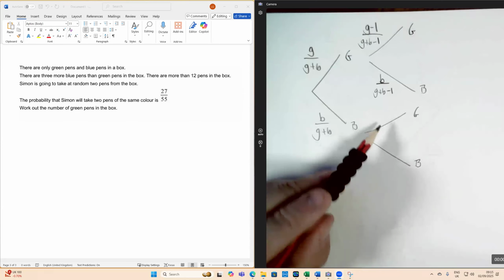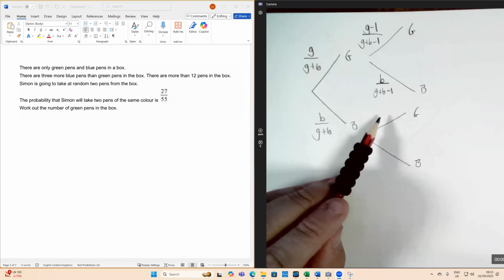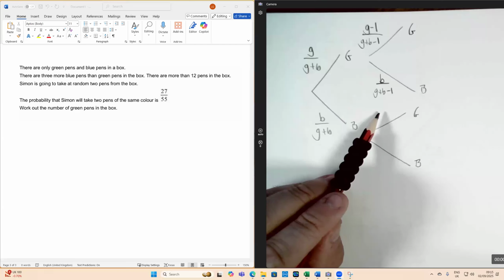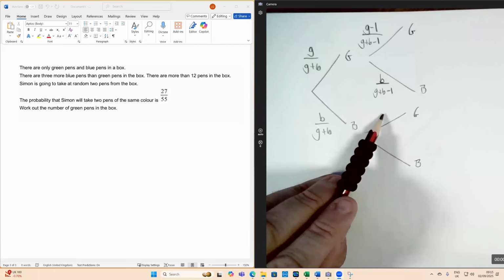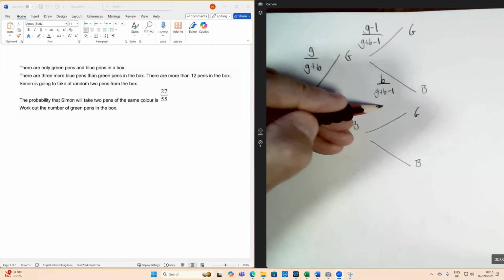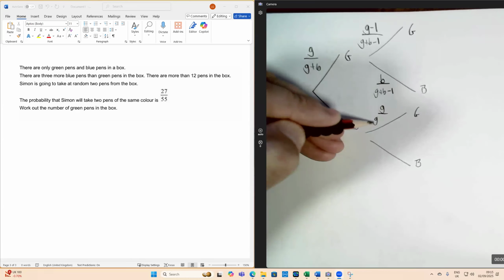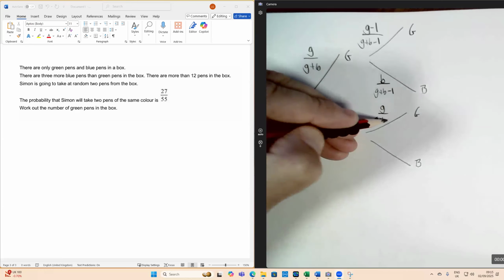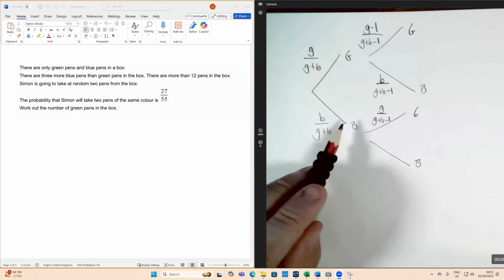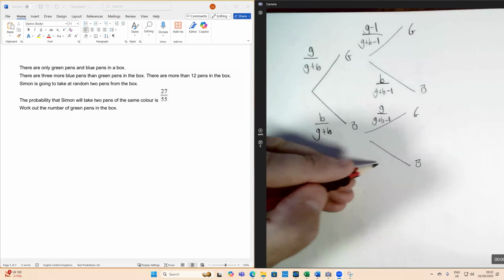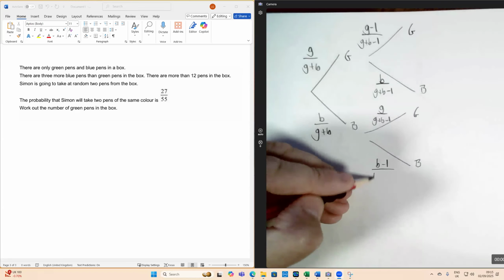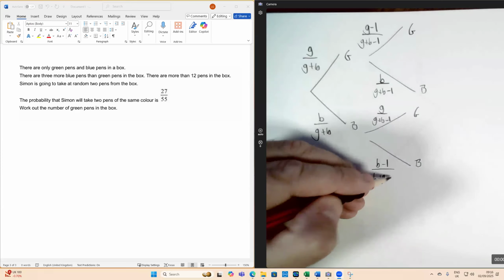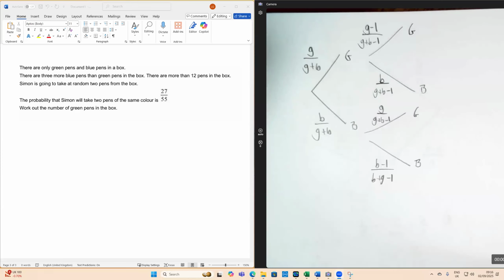If we'd selected a blue pen first and we come to select a green one, there'd still be G green pens in the box. So that would be G over G plus B minus 1. And if we'd selected a blue pen and we go to select another blue pen, that would be B minus 1 over B plus G minus 1. Perfect. So that's our tree diagram done.